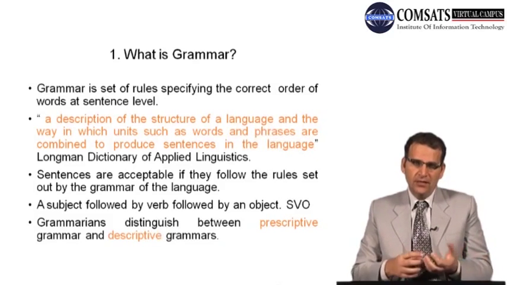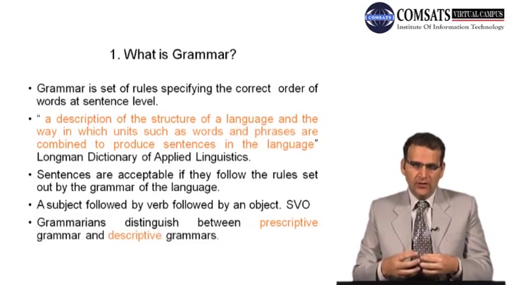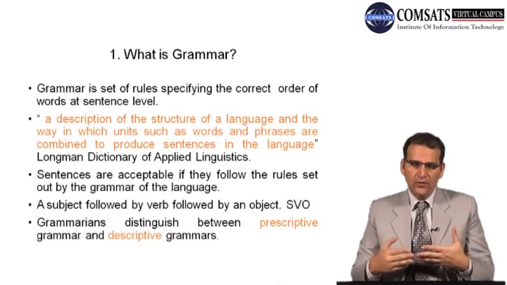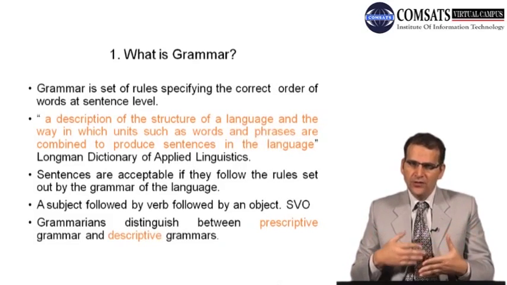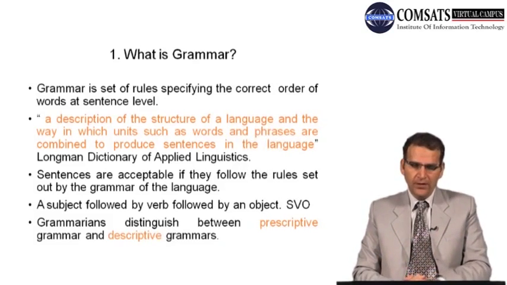So that is what makes the grammar, once you have a structure: a description of the structure of language and the way in which units such as words and phrases are combined to produce sentences. This is Longman's Dictionary of Applied Linguistics, what the dictionary says.